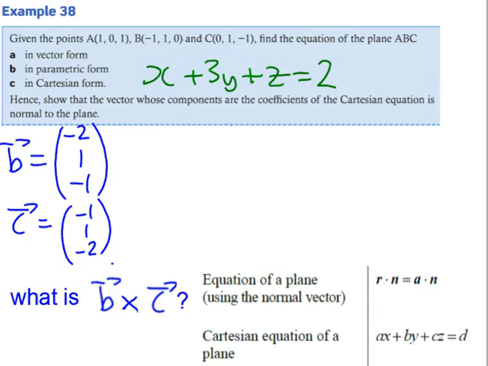Finally, if we go back to the previous video, where we determined this Cartesian form of the plane using elimination, which I said was an unusual method, if we take the two directions that we found and look at the cross product, which I asked you to do in the last video, you should find they give either (1, 3, 1) or something parallel to that.